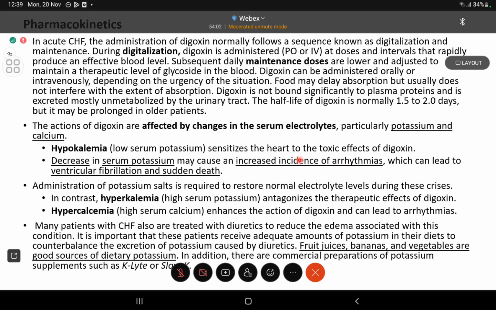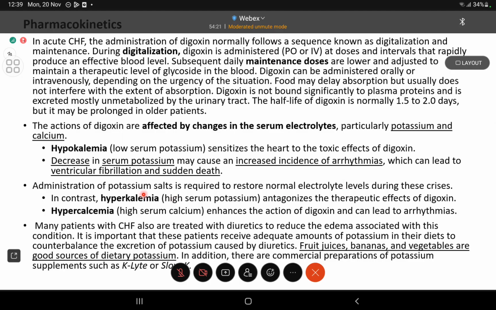Okay, it may also increase the incidence of arrhythmia if you use diuretics together, or not only diuretics, but any drugs that can cause hypokalemia. Okay, quite clear.